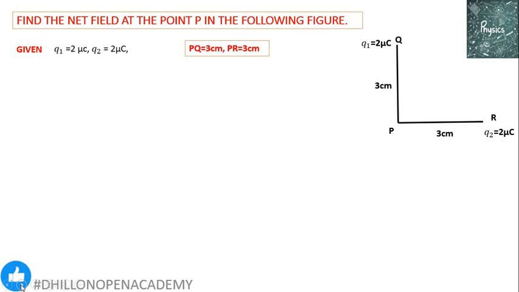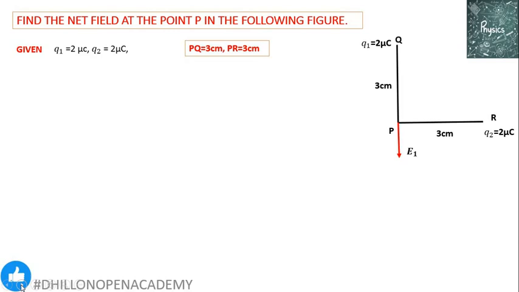So let's first indicate the electric field of only Q1 at the point P. If we consider only the pair of Q1 at Q and Q0 at the point P, because both are similar in nature, Q1 will repel Q0 away from it, so its electric field will be directed from Q to P. So this was the field of Q1.